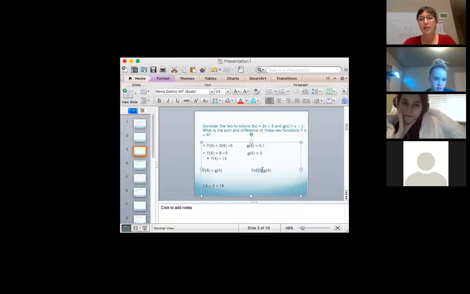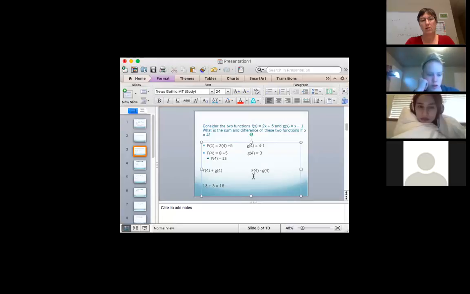So instead of addition, difference means subtraction. We're going to take these same numbers, which we found out. We've got 13 minus 3, and that's equal to 10.